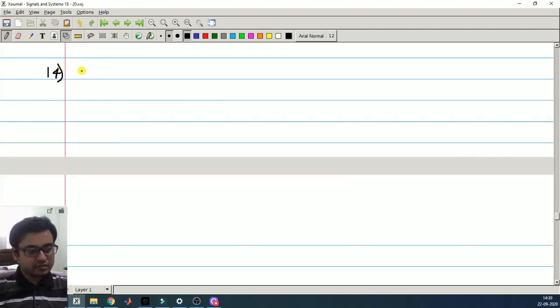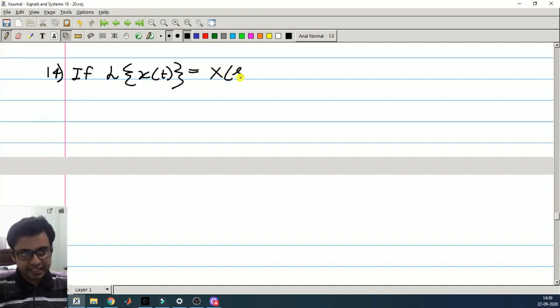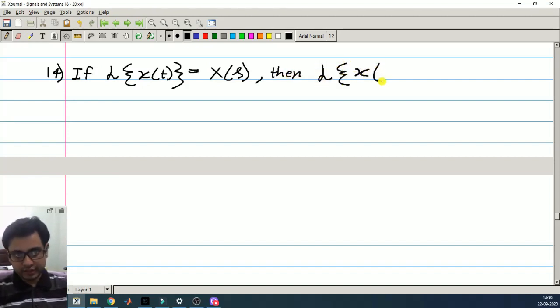Next property, if Laplace transform of x(t) is capital X(s) given, then what will be the Laplace transform of x(at), that is a time scaled version of x(t)?